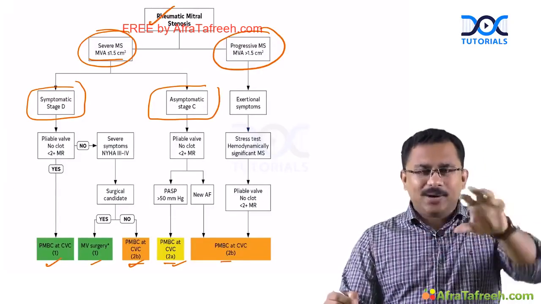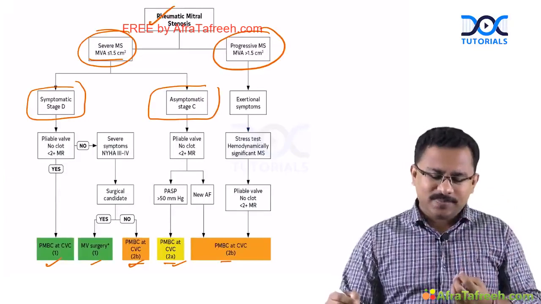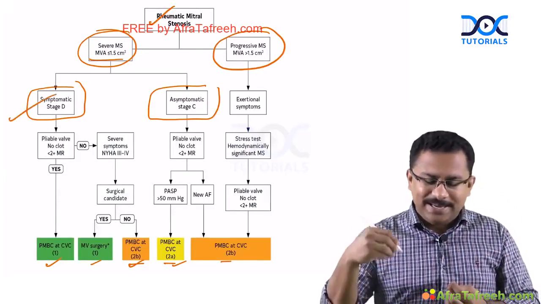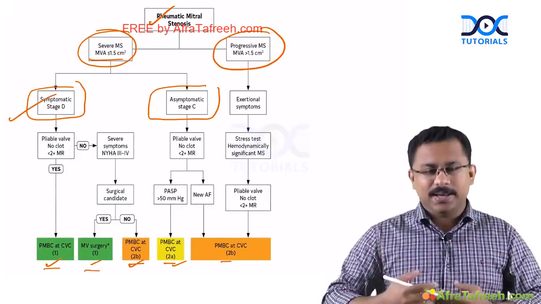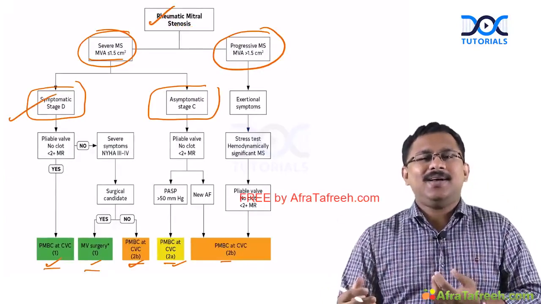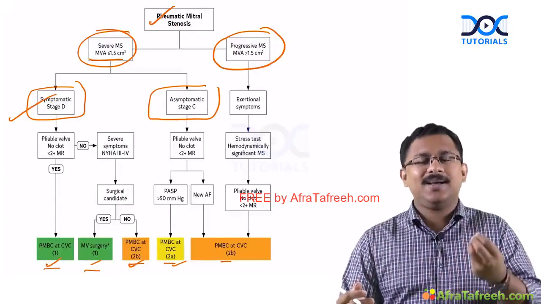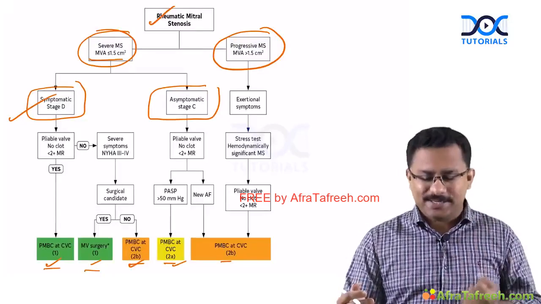The outline I want to tell you is, if you have a patient with symptomatic stage D, there is better evidence, or a class of recommendation, that a PMBC will prove beneficial.